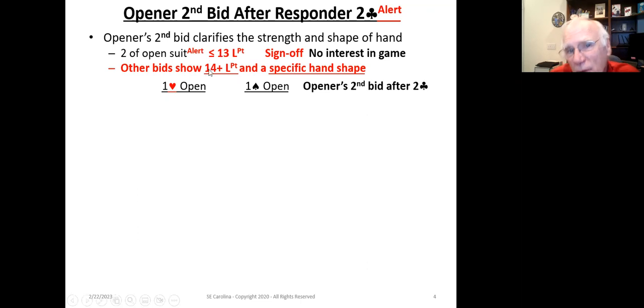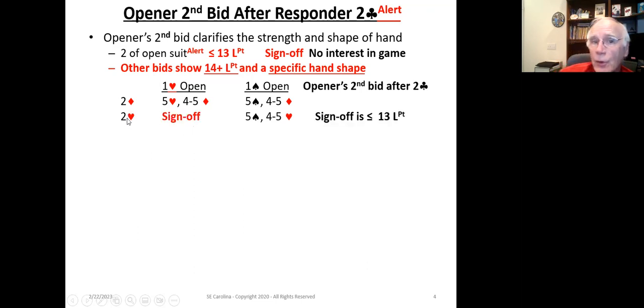We've got the two situations where the third or fourth seat opens one heart or one spade. So if the opener then bids two diamonds, it says, hey, I've only got 5 hearts and I've got 4 to 5 diamonds. The same is true with respect to spades. So what the opener is doing is saying, I've got 14 plus points, I've got 5 hearts and 4 to 5 diamonds, so I'm kind of describing a two-suited hand.